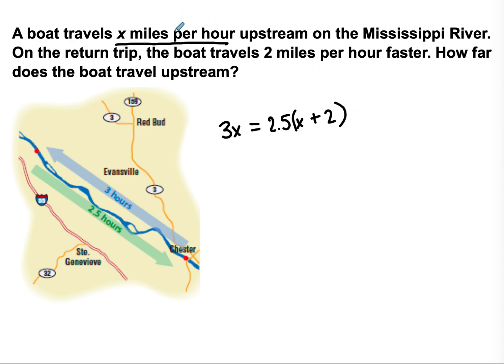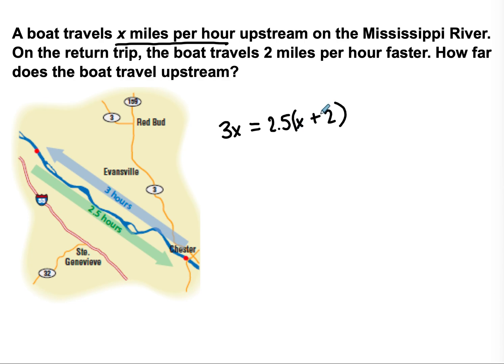So if this was 10 miles per hour, then this would be 12. I'm adding 2 to that X value, and I had to put it in parentheses because I'm not adding it to the whole expression. I'm adding it just to the X part. So 3 hours times X miles per hour, and then 2.5 hours times our new speed of X plus 2.